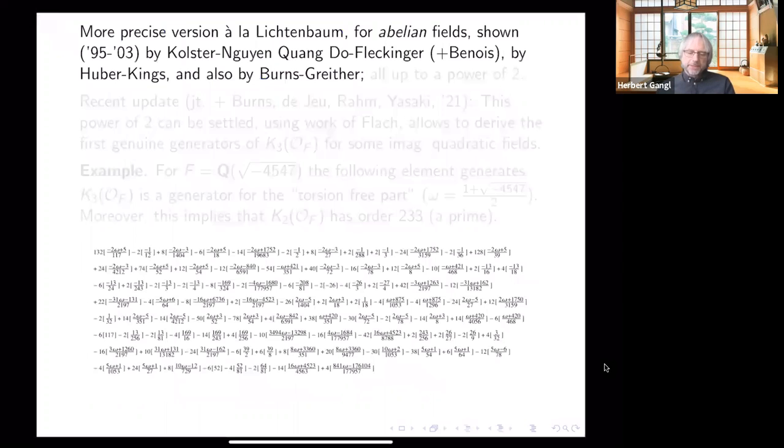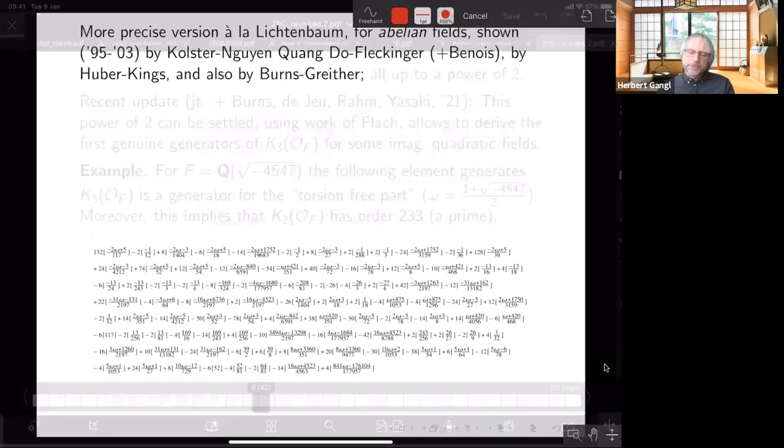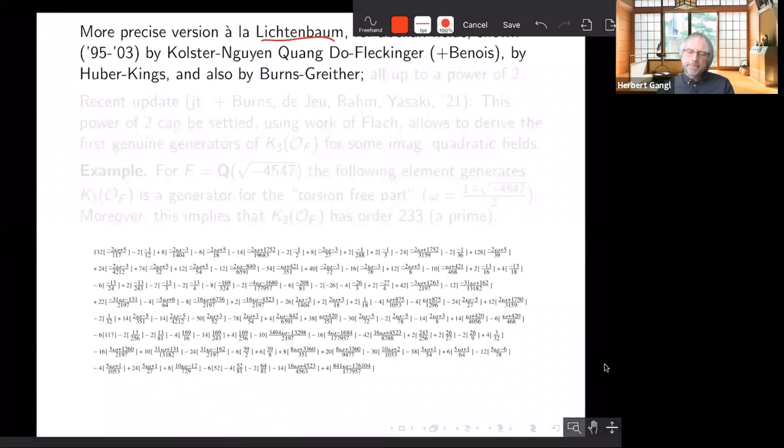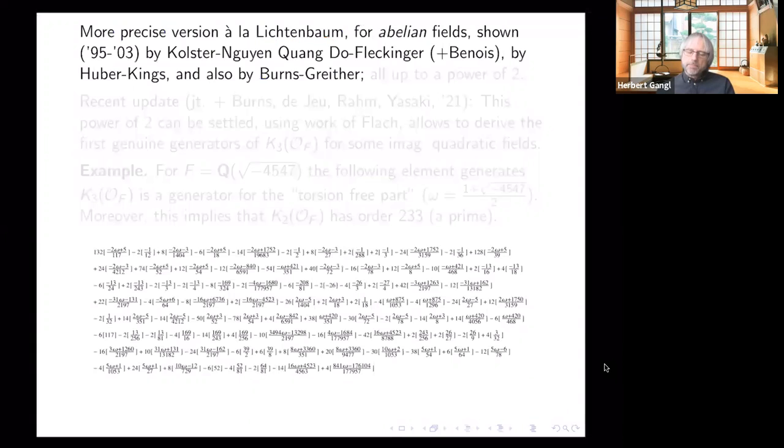Now, a more precise version of that also takes Lichtenbaum's suggestion into account, but only for abelian fields, was shown between 1995 and 2003.